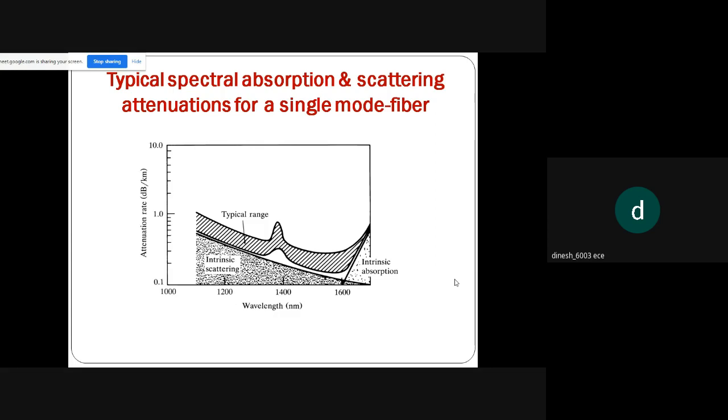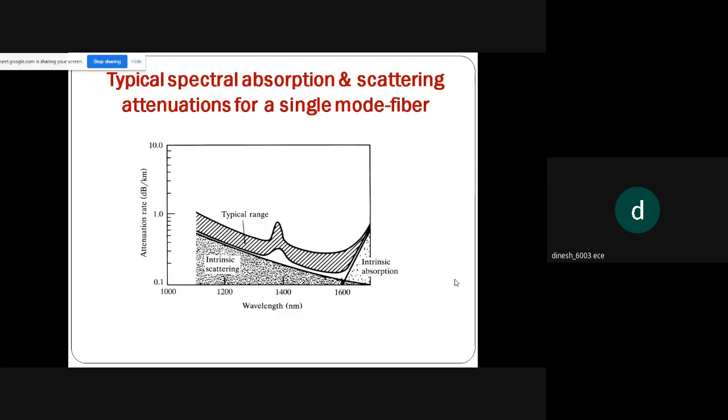The intrinsic absorption that we had seen, where most of the optical wave signals get absorbed in practice. So at the top there is a cross striped line, which is a typical range.